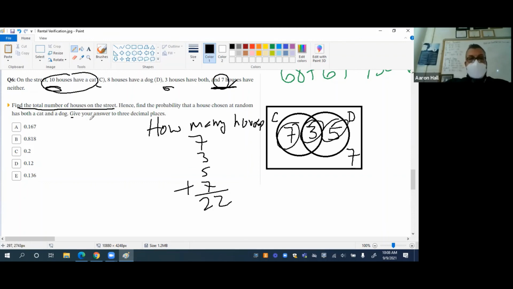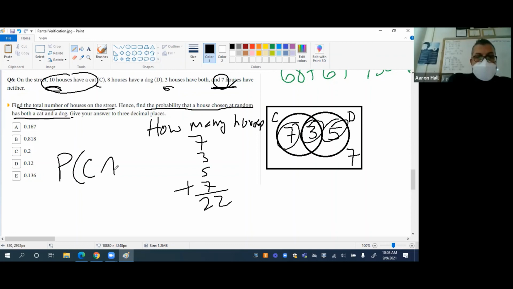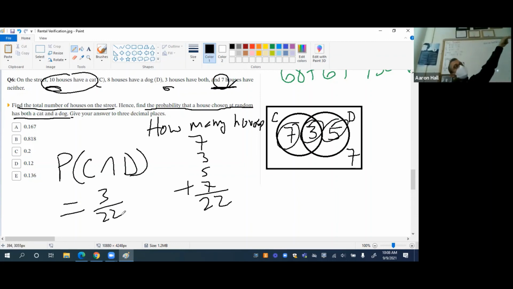So now it says find the probability that a house chosen at random has both a cat and a dog. I want to know the probability that a randomly chosen house has a cat and a dog. Number of ways it can happen: how many different ways can it happen that a house has a cat and a dog? 3.